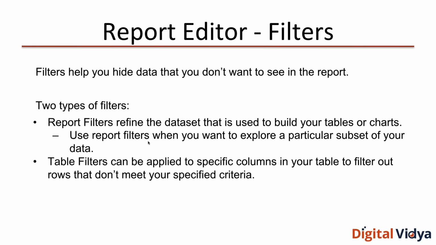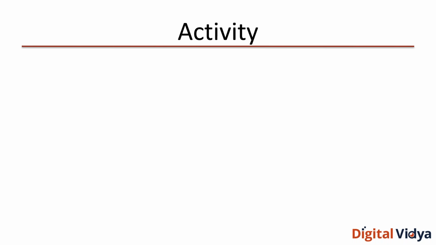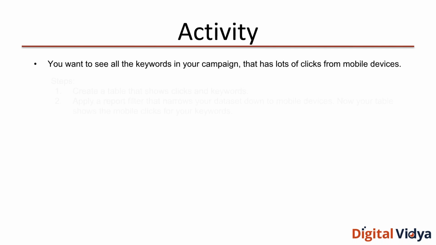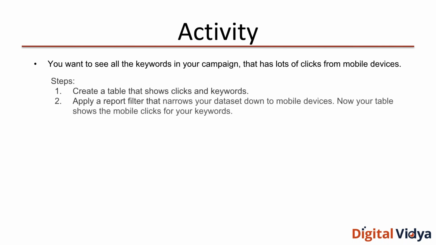Same way for the table, you can apply some filters so that some specific columns can be filtered out if they don't meet your specified criteria. To give you an example, if you want to see all the keywords in your campaign which have a lot of clicks coming from mobile devices, what can you do? First, you create a table, drag and drop the campaign that you want to see.